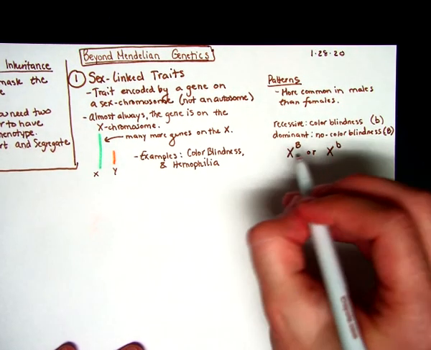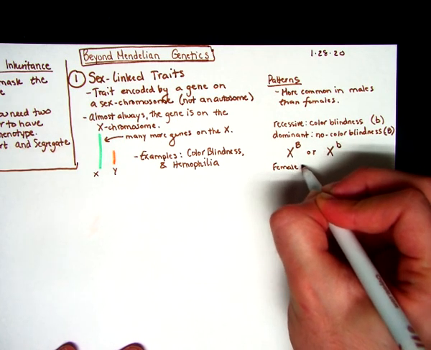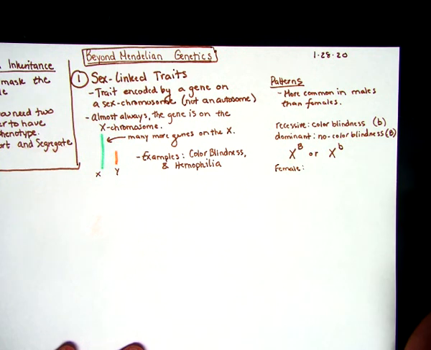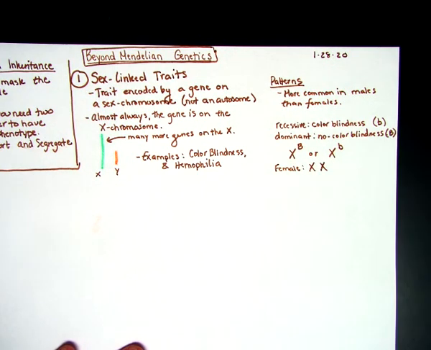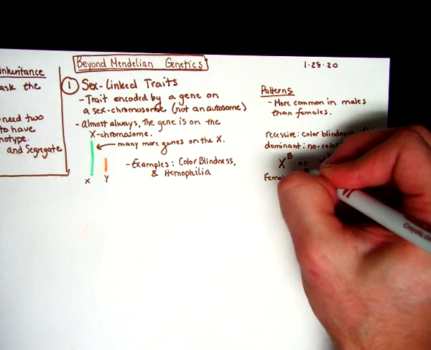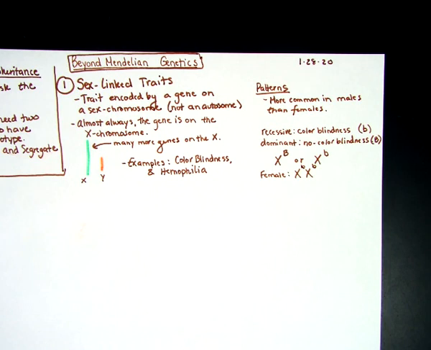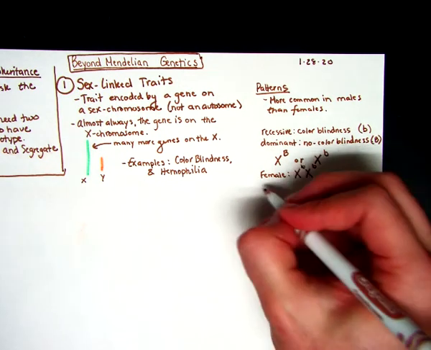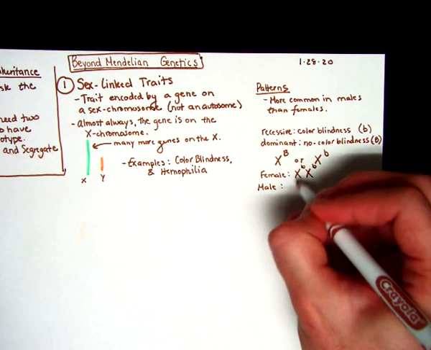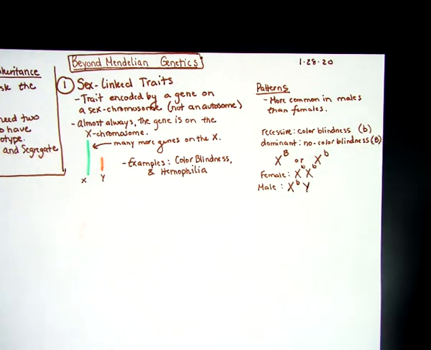So if you are a biological female, there are two X chromosomes that you inherited, right? In order to have color blindness, you need two recessive copies, right? But for a male that's colorblind, you only inherit one X chromosome.